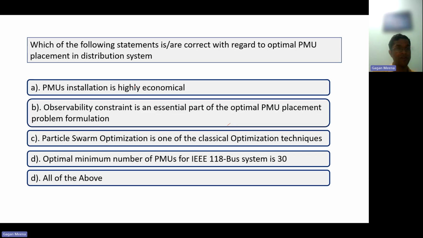So this statement is not correct. Second is observability constraint is an essential part. Yes, it's an essential part. We want the system to be observable with the minimum number of PMUs. Then particle swarm optimization is one of the classical techniques. No, it's not correct. Not at all correct.